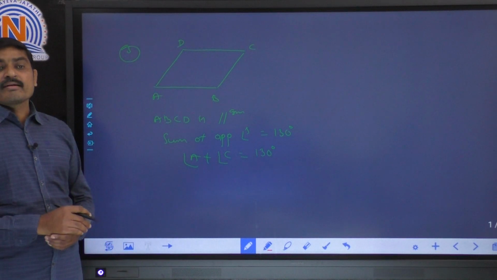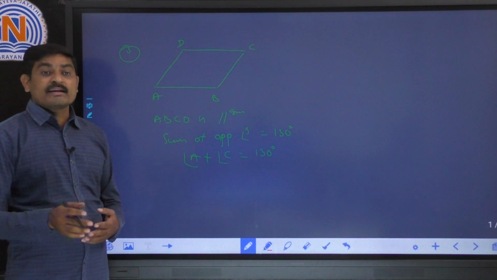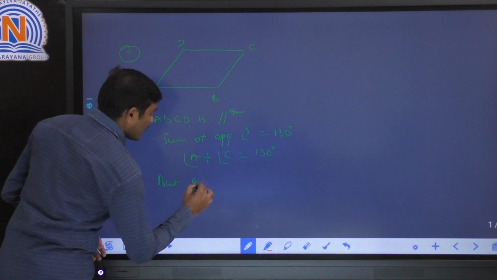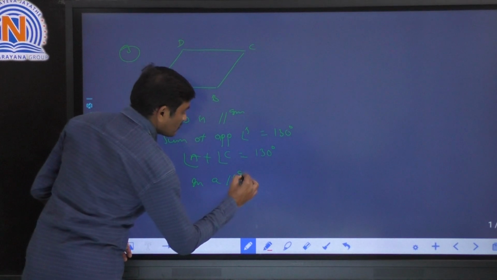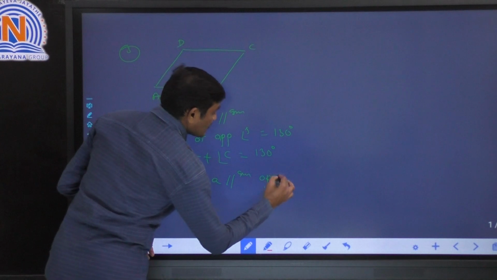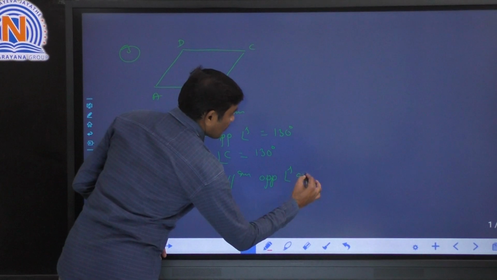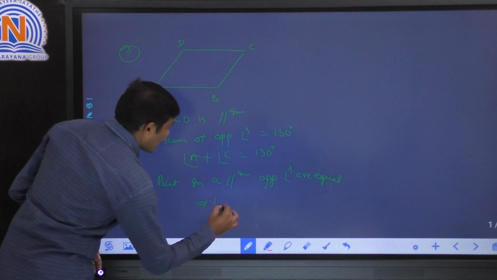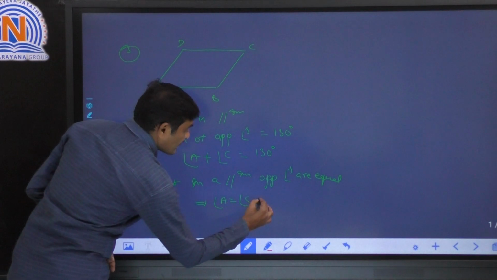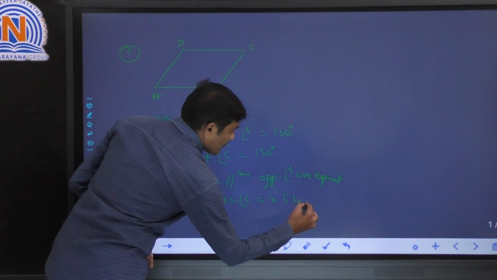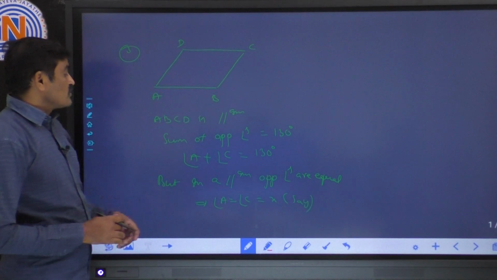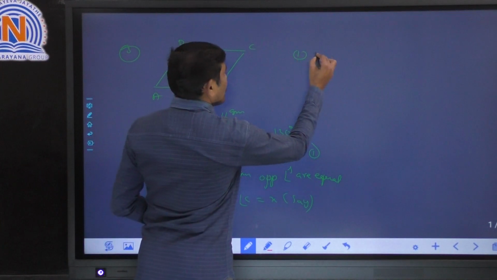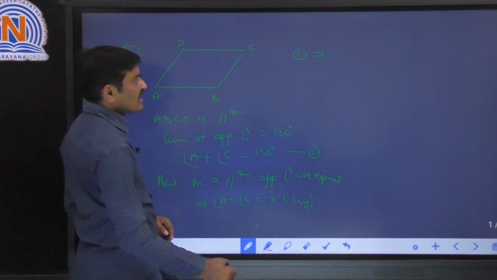But in a parallelogram, opposite angles are equal. So that implies angle A is equal to angle C. I will assume that x. So according to the above equation, angle A and angle C both are equal to x.